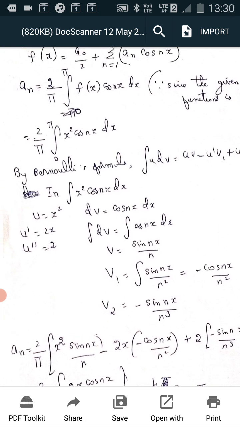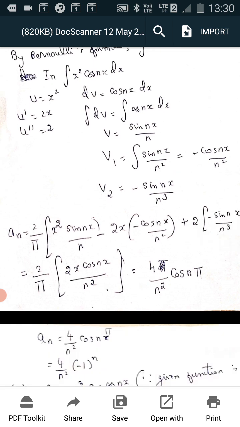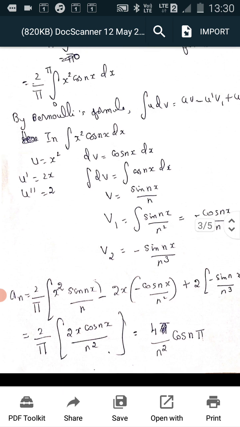So u dash is nothing but 2x, and u double dash, differentiating again, is 2. dv is nothing but cos nx dx. Integrating, we get v, and integrating again we get the values for v1 and v2. In the a n formula, I am applying Bernoulli's result for the integration part.